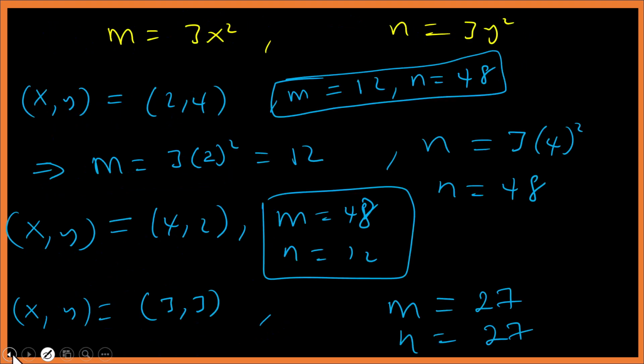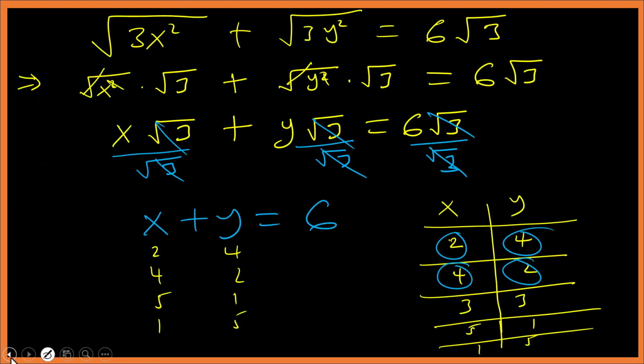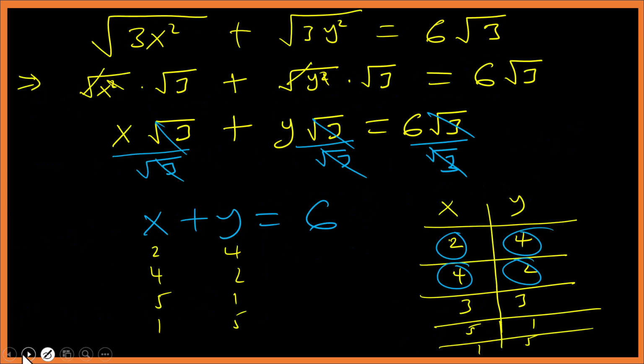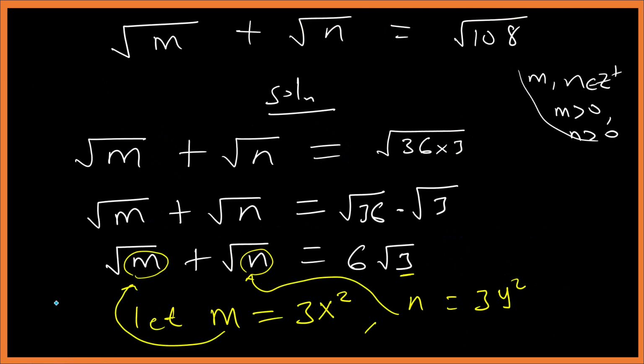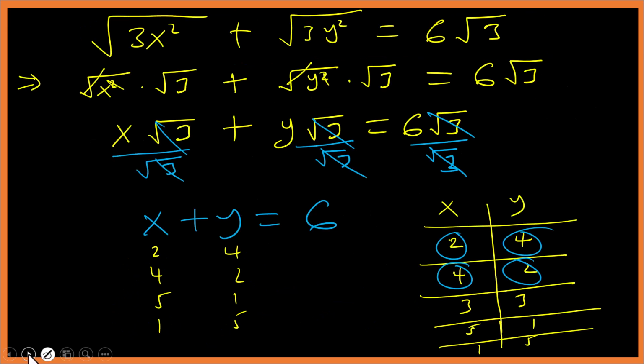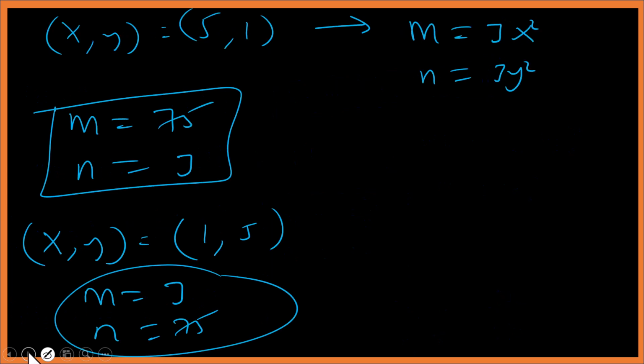Okay. Now we have the first answer as 12 and 48. So let's verify the first answer and see if it will satisfy the equation here. Okay, so square root of m plus square root of n, we have square root of 108.